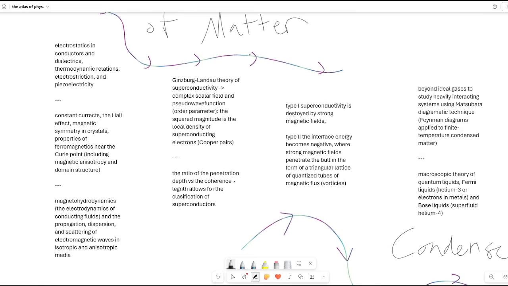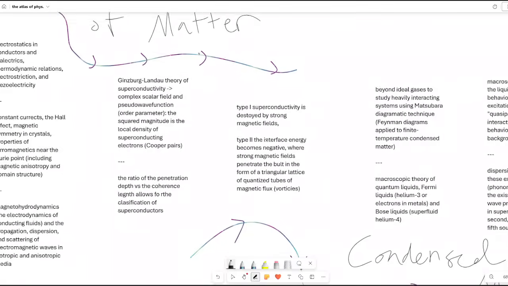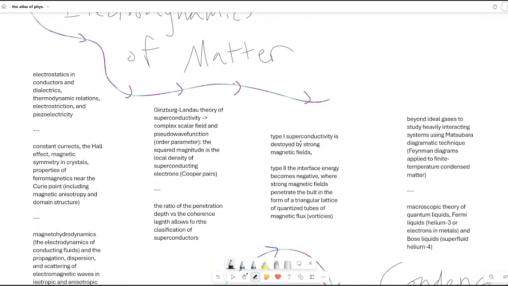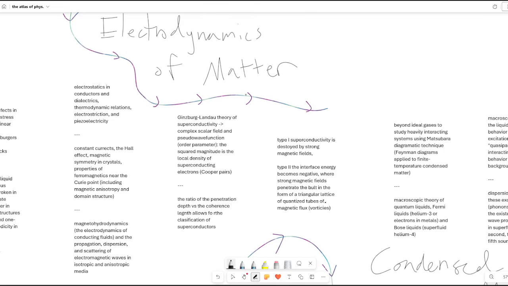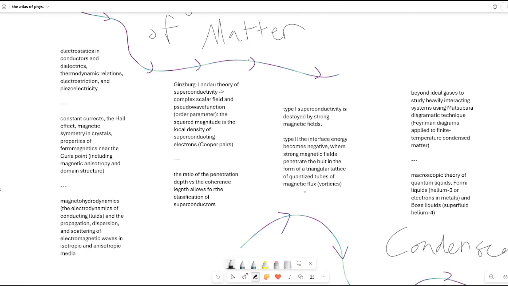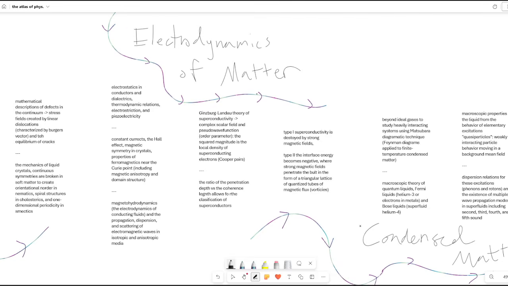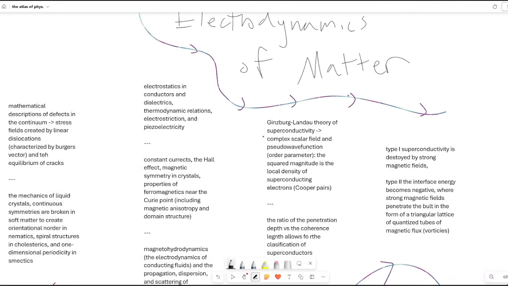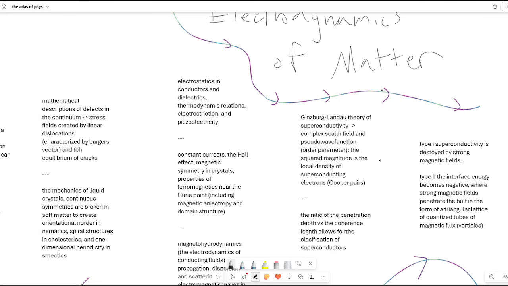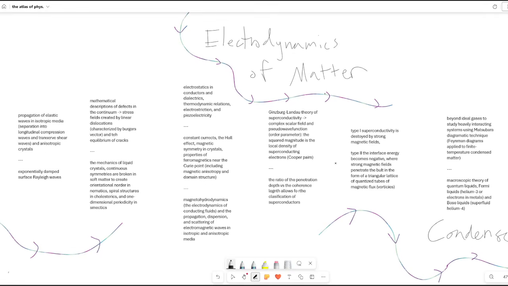And if you take the ratio of the penetration depth to the coherence length, it allows you to classify superconductors into type 1 and type 2 superconductivity, where you have triangular lattices of quantized flux tubes or magnetic flux vortices going through the material that allow it to float in midair, and enable us to have no electrical resistance that causes any heat.